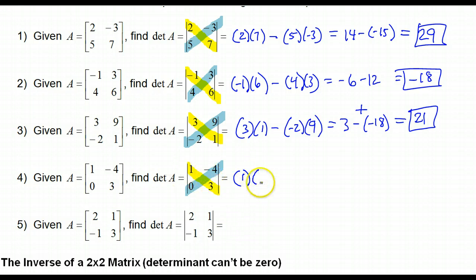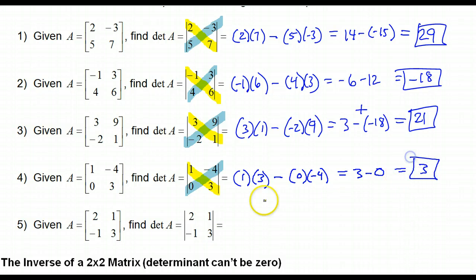So down diagonal minus up diagonal. So that would be 3 minus 0. 0 times anything is 0. So that would be 3. One more of these. One more time.